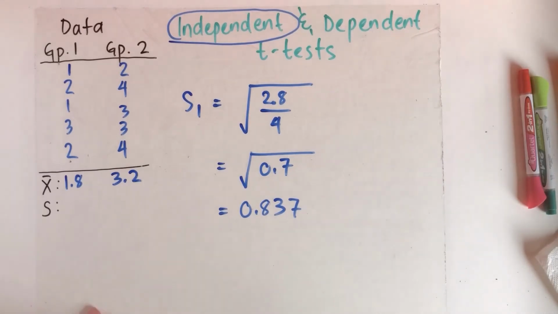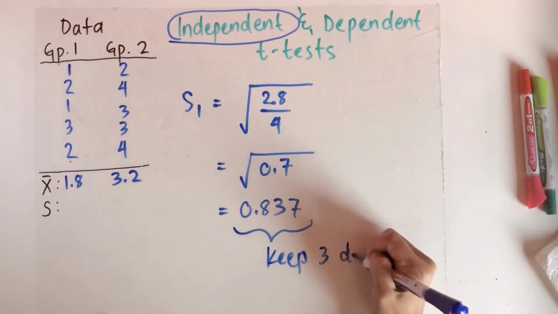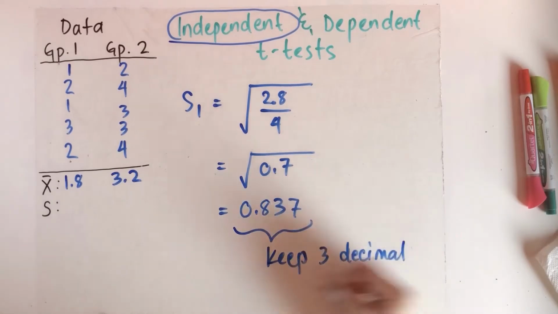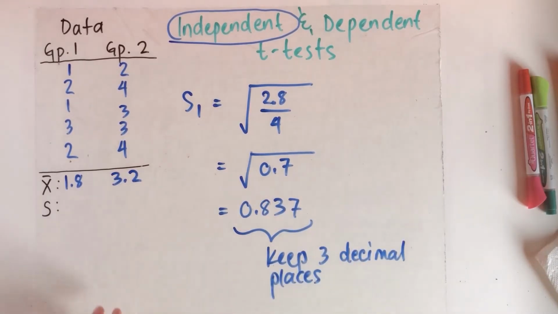I want to make a note too that we shall agree to keep 3 decimal places while we're working, and that means that we'll avoid too much rounding error that could come into play when trying to compare our results with those in SPSS, because in SPSS, when they do the computations, the computer stores many decimal places at a time.